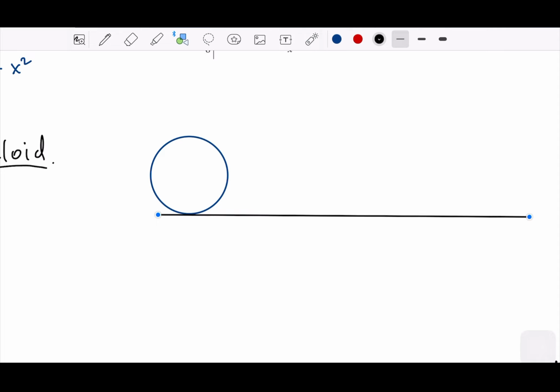Okay. So we have another circle here. So imagine that the circle is moved from this one position to another position. So this is the same circle. So we move from 1 to 2.